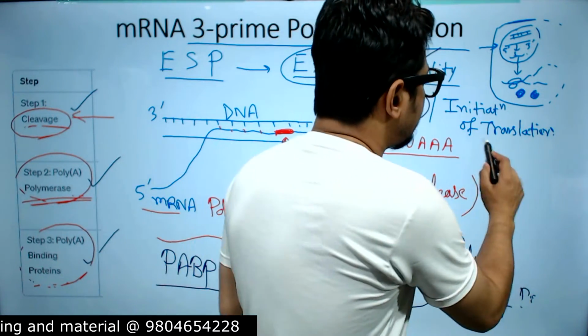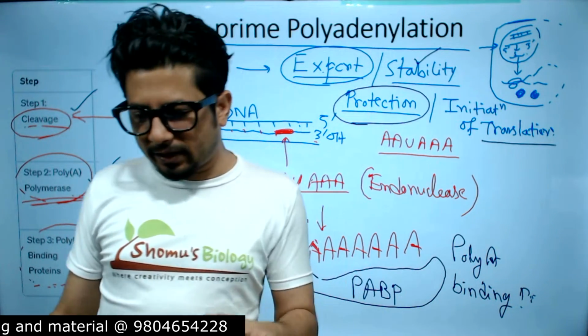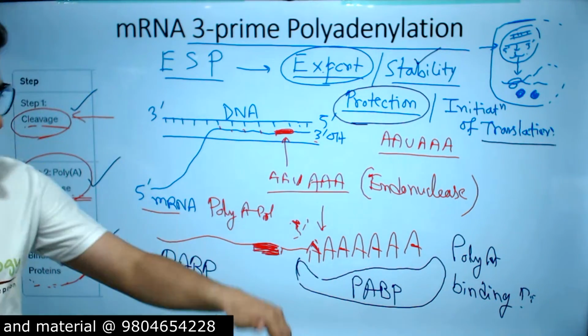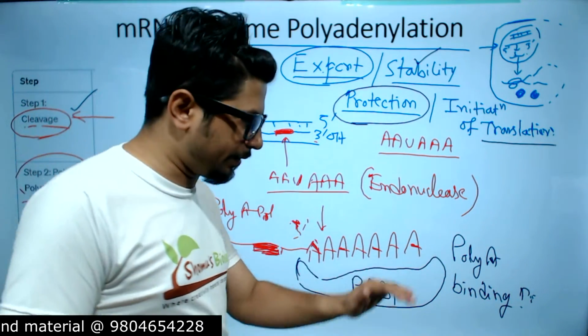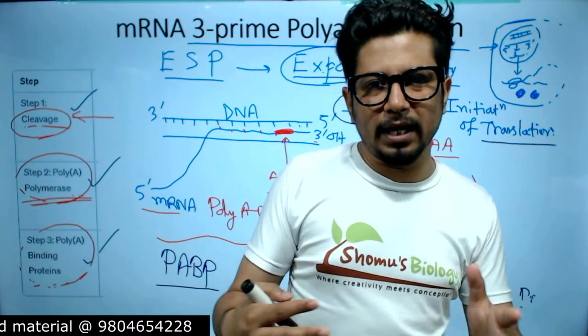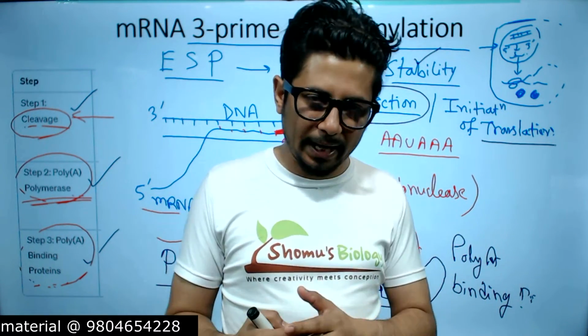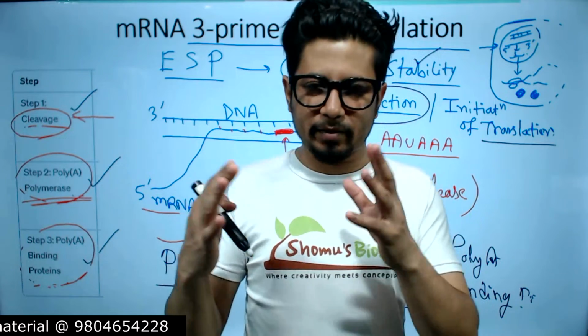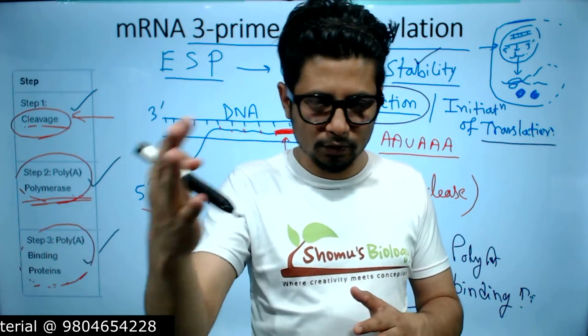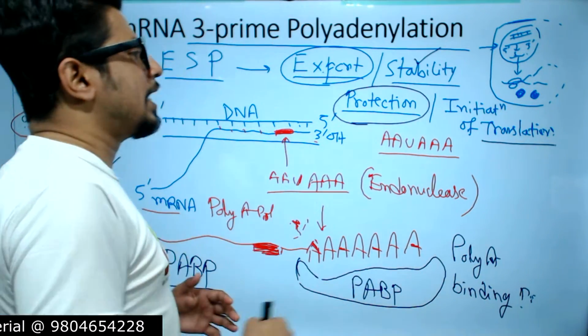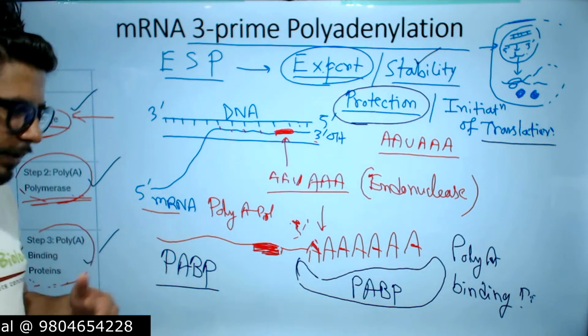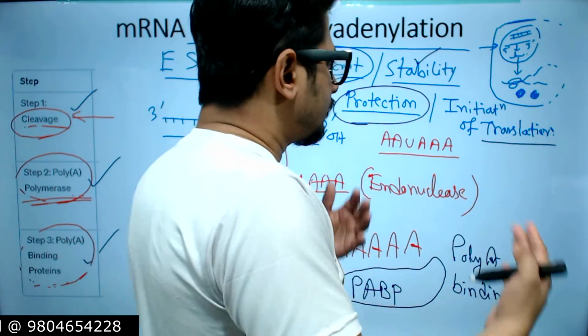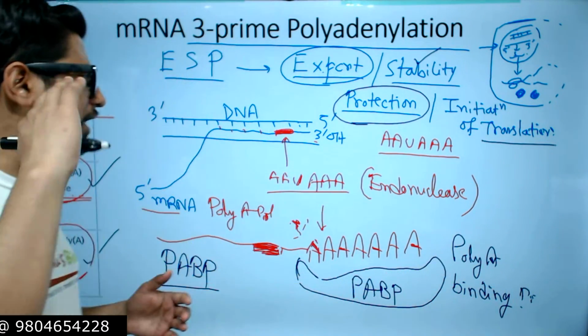Right after the 3' polyadenylation and 5' capping are done, that RNA becomes a mature mRNA, which is transported from the nucleus to the cytosol in eukaryotes, and then continues with translation and protein synthesis in the cytosol.